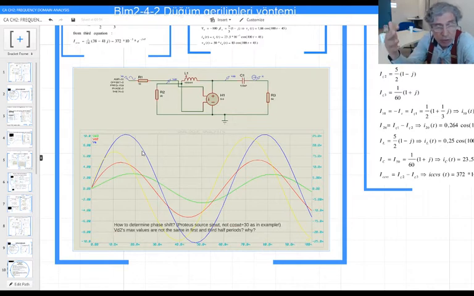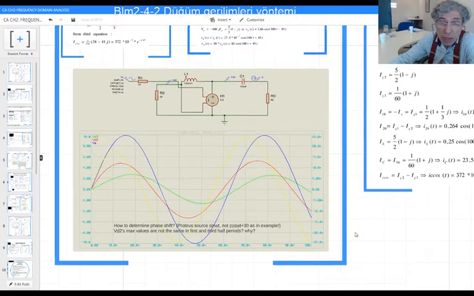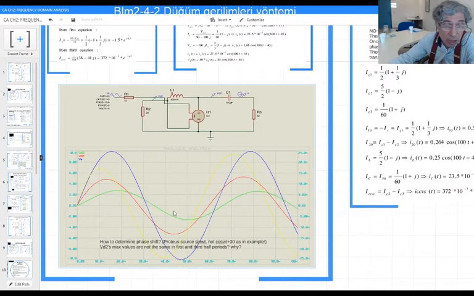First of all, since the independent source is a sinusoidal function, we know that the solution is going to be sinusoidal as well. The particular solution is going to be sinusoidal. The one that we calculated before is the particular solution, but the one that you found here in the Proteus simulation is the general solution. That is the difference.